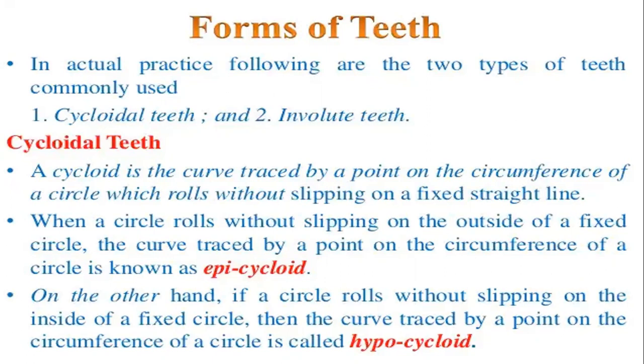The curve traced out by a point on the circumference of the circle is then called a hypocycloid.